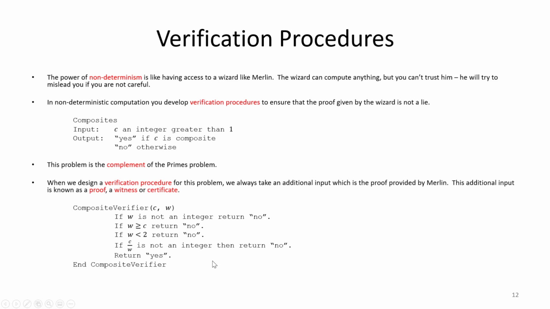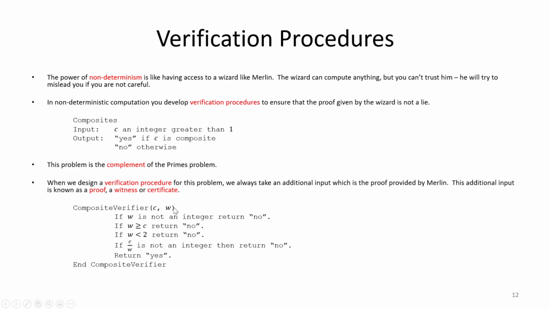It has a specific definition, and part of that definition is that a factor is an integer. So this first test is important. It's saying, hey, Merlin, whatever you give me, it better be an integer. You're not going to trick me by giving me 3.5s here.